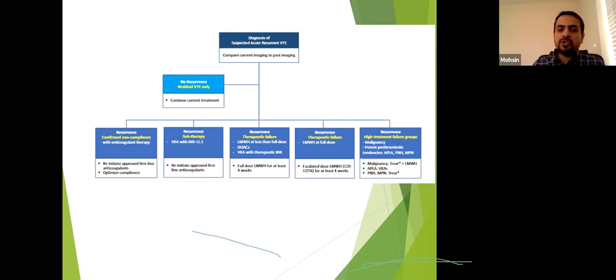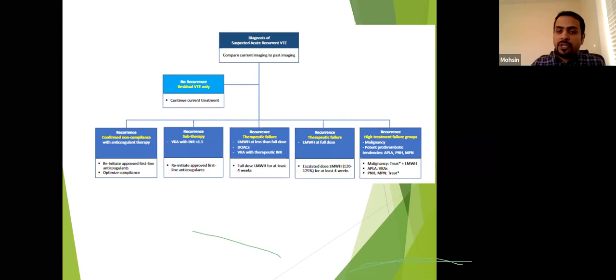So you can just reinitiate the first-line anticoagulant, the enoxaparin, for example, and then later on turn to warfarin at a therapeutic dose. If it's a therapeutic failure, for example, they were on a normal dose of direct-acting anticoagulants or warfarin, and despite that they got a recurrent PE, then you can think about starting them on a full dose low molecular weight heparin at least for 4 weeks, and then later on change it.